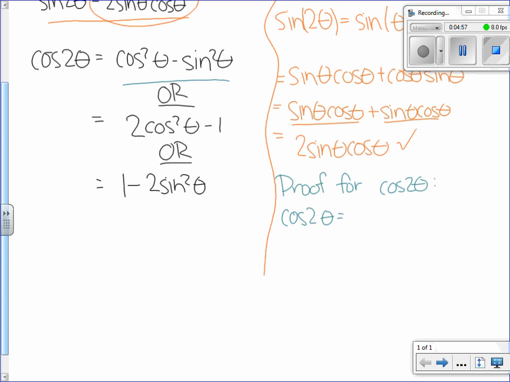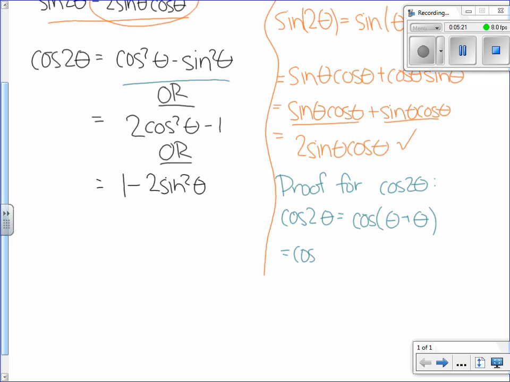And really, this is going to start the exact same way that I did the proof for the sine. Okay, because I can rewrite 2 theta as theta plus theta. And we have a formula for the cosine of a sum, sorry.